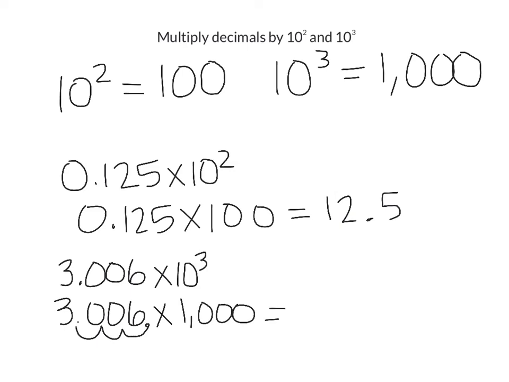So our answer would be 3006. If you ever get confused on which direction you need to move the digits, just remember that whenever you're multiplying a number by 10, 100, or 1,000, your number is going to get larger, not smaller.